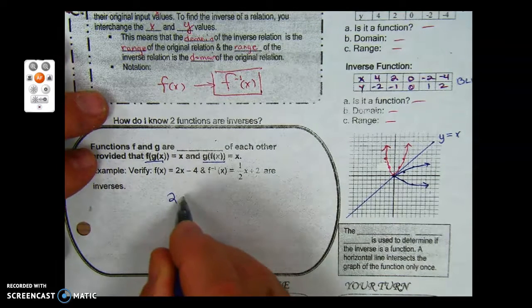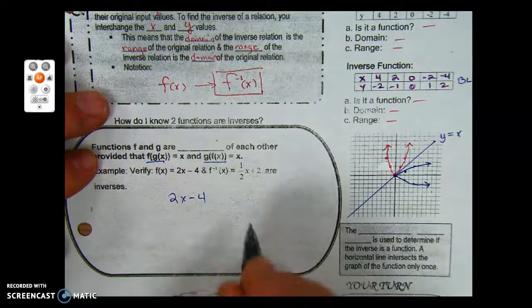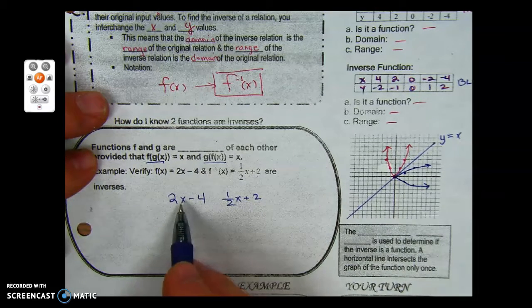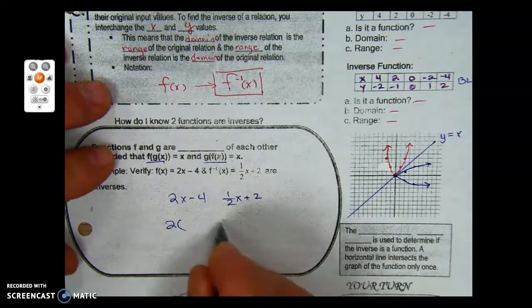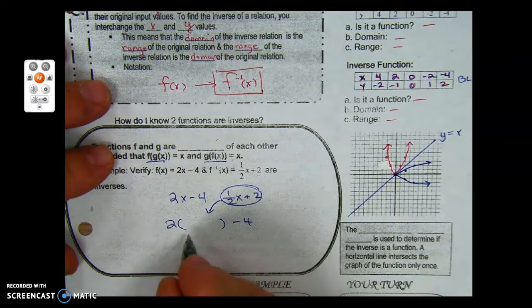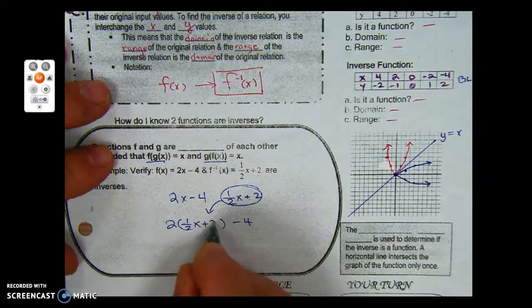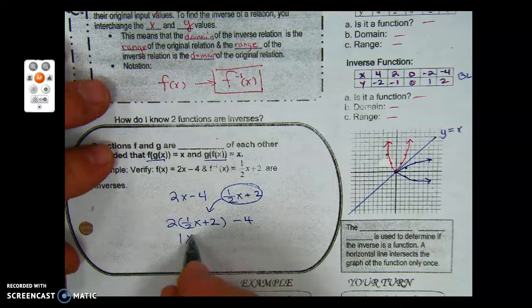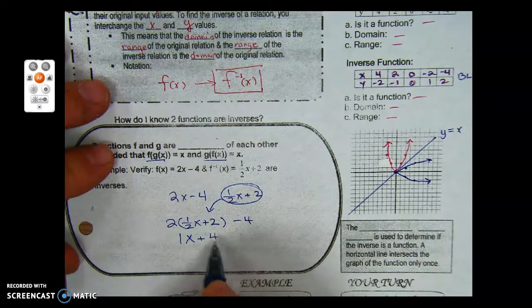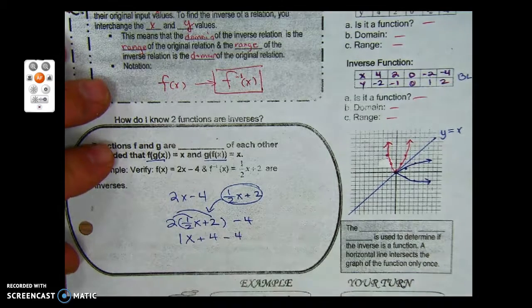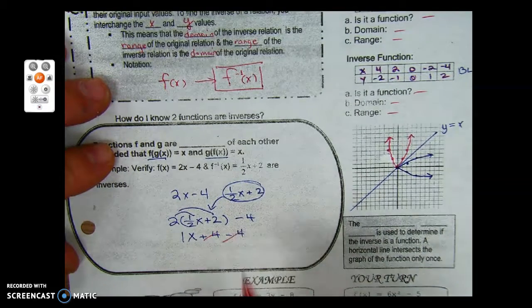If I take 2x minus 4 and 1/2 x plus 2, and I remove the x in this one and put 1/2 x plus 2 in there and work it out, I multiply this out, and I get 2 times 1/2 is 1x, plus 4 when I distribute, minus 4. Positive 4 and negative 4 cancel out.